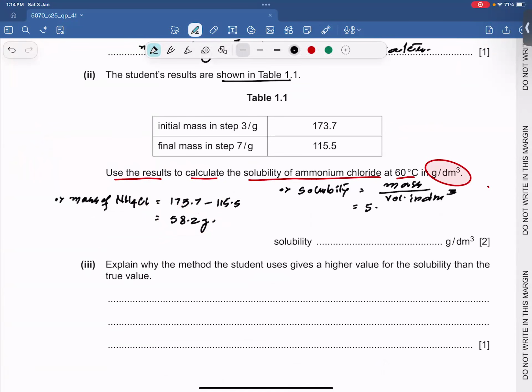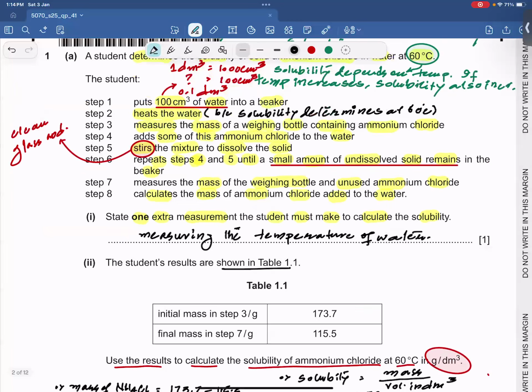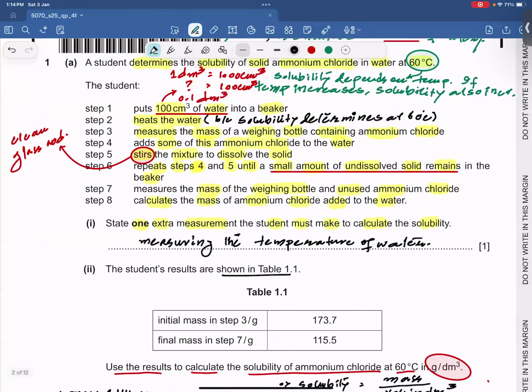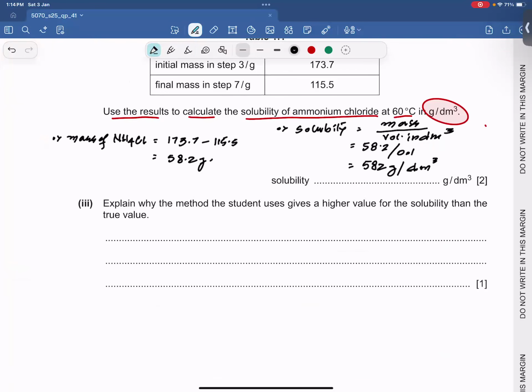Mass is 58.2. Volume of water is 0.1 dm cube. So solubility is going to be 582 gram per dm cube. That's a very huge amount of solubility.